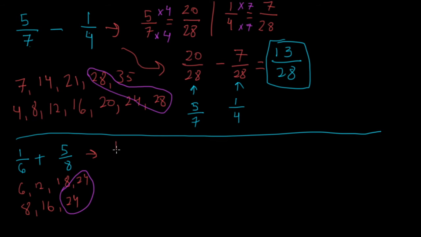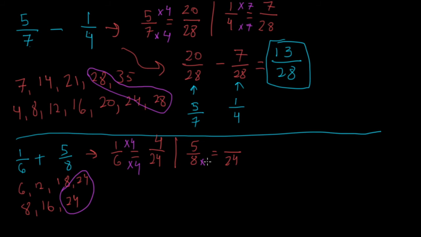So what we'll get is 1/6 will become, right, what out of 24? Well, we need to multiply 6 times 4. Whatever you do to the bottom, you do to the top. So this becomes 4 out of 24. Same thing, 5/8. We need to get a denominator of 24.